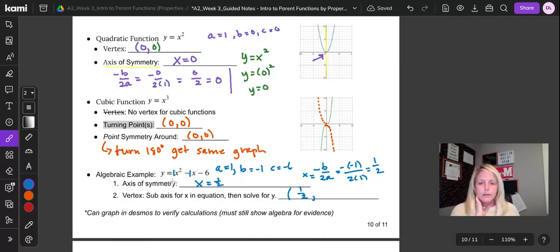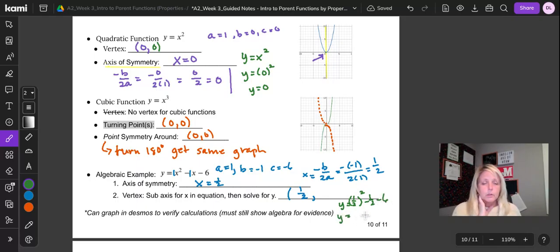And then I'm going to plug that in for x and solve for y to see what my y value would be. So that's going to give me y equals 1/2 squared minus 1/2 minus 6.